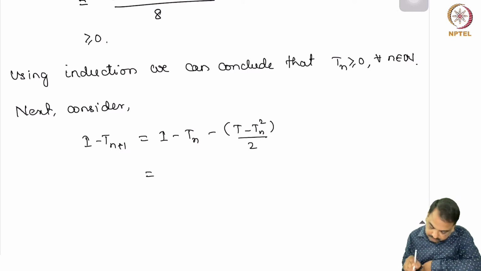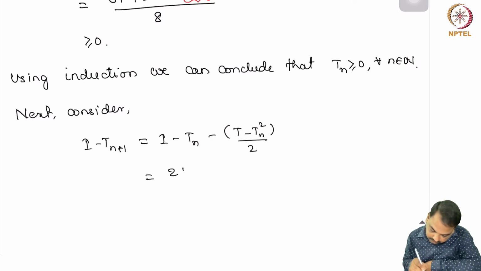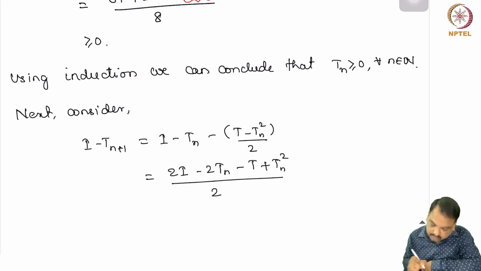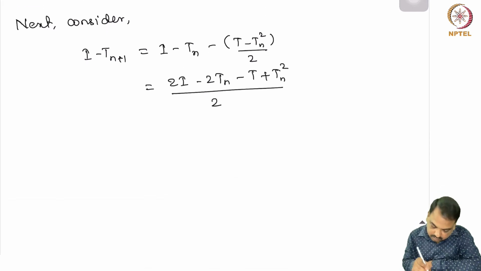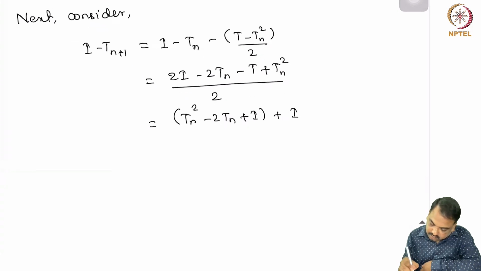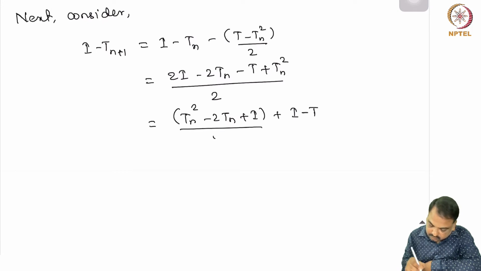So this is nothing but (2I minus 2Tn minus T plus Tn square) by 2, and this is equal to (Tn square minus 2Tn plus I plus I minus T) by 2.